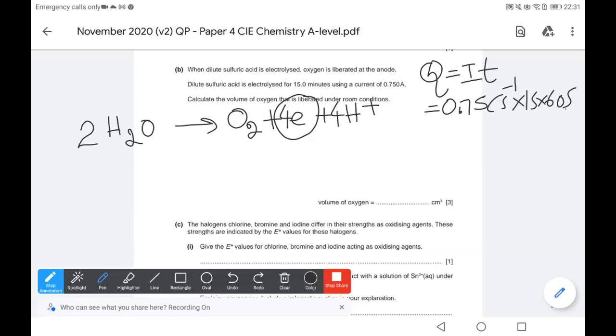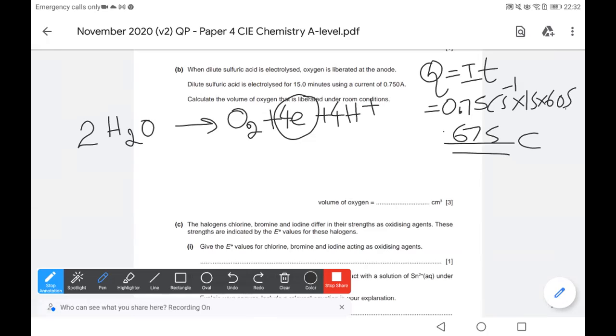So this gives 15 into 60 into 0.75 coulombs, which is 675 coulombs.